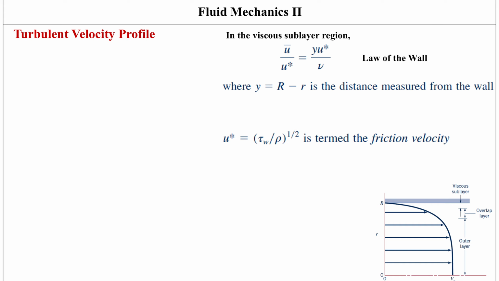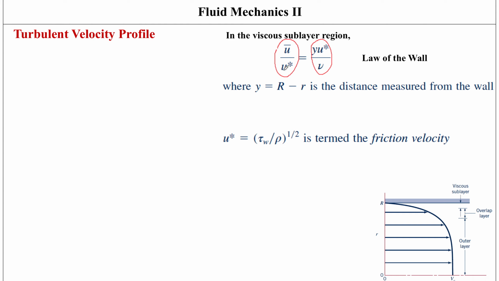This is not actually velocity, it just has the same dimensions as velocity. What's important to understand here is that if we know these two dimensionless terms, then we would be able to find out the velocity profile within the viscous sublayer region.